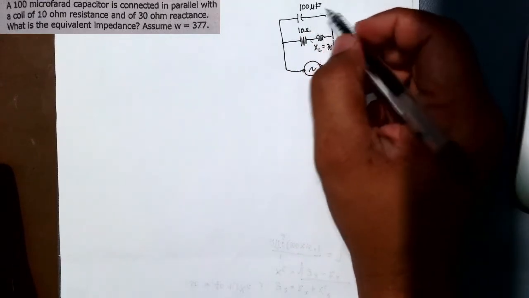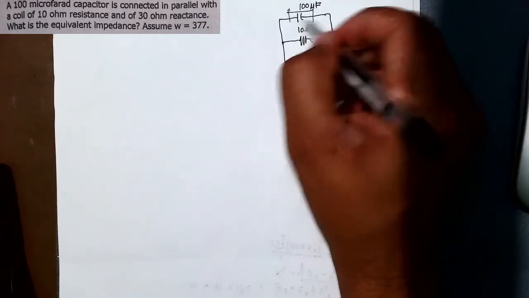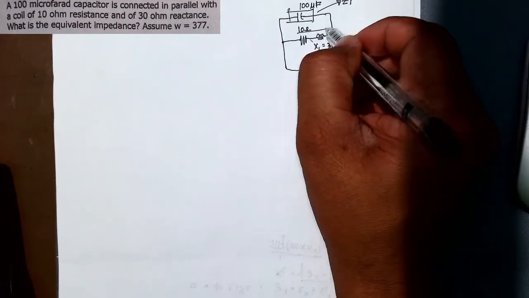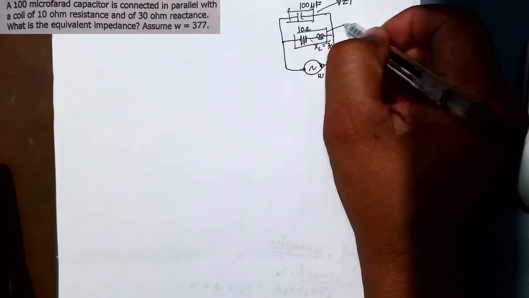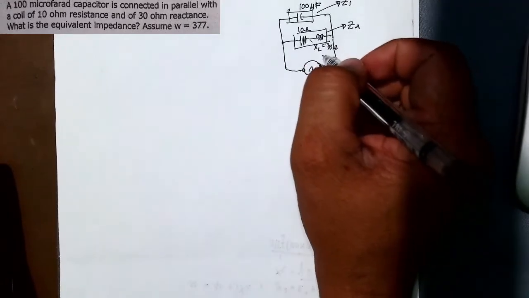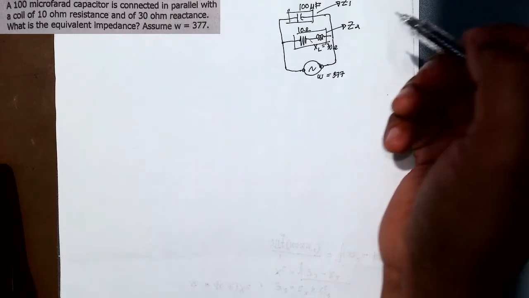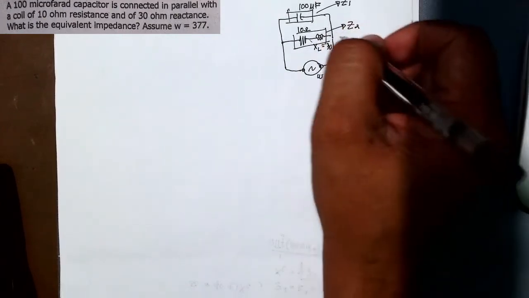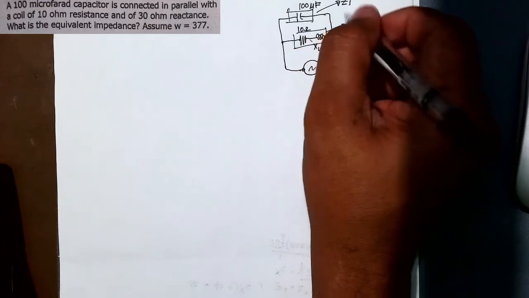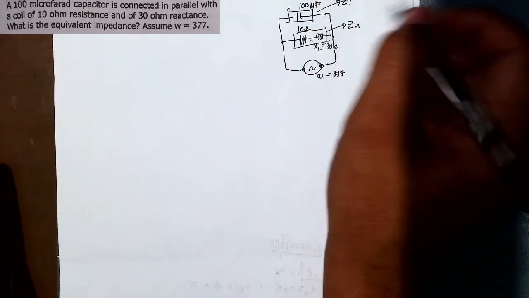So this is the first branch. We can name this as Z sub 1, and the other branch here, the name is Z sub 2. If we are getting the total or equivalent impedance, we are to have the single value of Z1 and Z2.